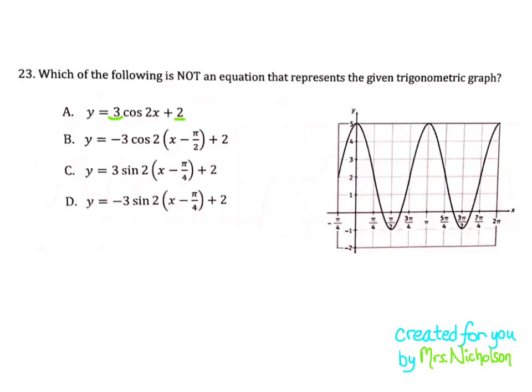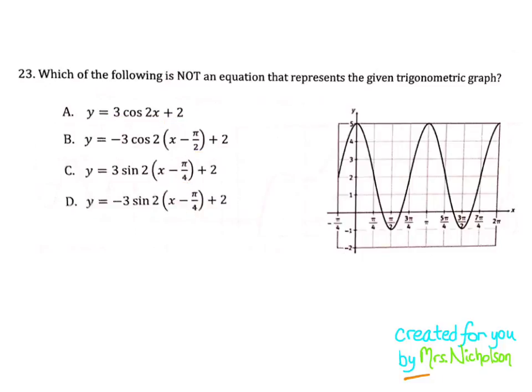They all have a B value of 2, the period. It looks like the only difference here are the horizontal shifts. The first one doesn't have a horizontal shift at all. The next one minus pi over 2, so we have a shift of pi over 2. And then these two shift of pi over 4.